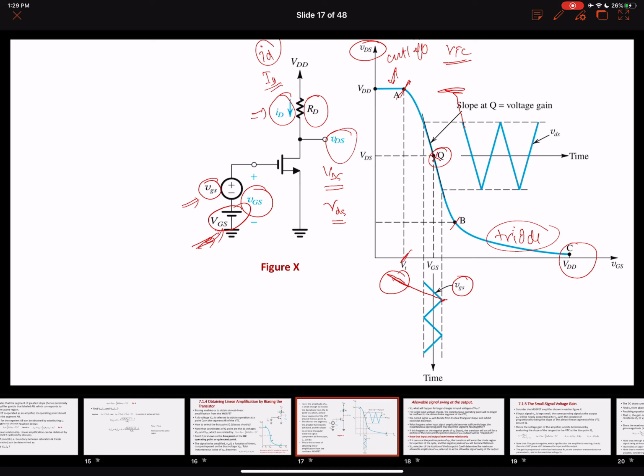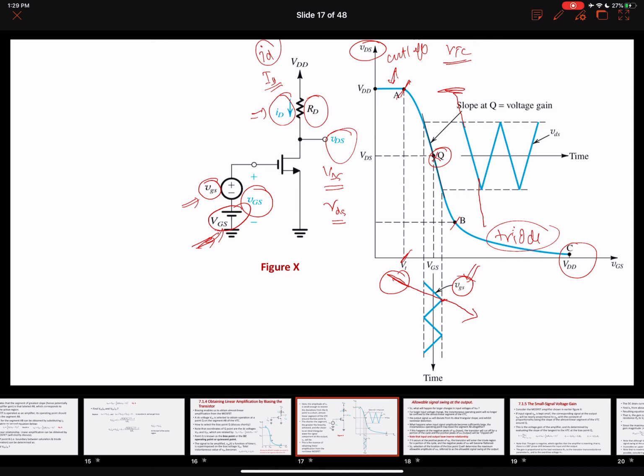The other important thing is the positive swing that will be allowed. We want to make sure that the positive swing at the input terminal, which produces a negative swing at the output of our amplifier, is also limited. The positive swing of the input VGS is limited so that the negative peaks of our output voltage are not heavily distorted by the highly nonlinear operation of the triode region.